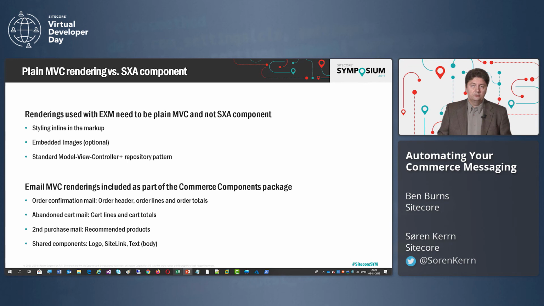So with Experience Commerce, we're providing a number of renderings out of the box. For order confirmation mail, we have order header, order lines, and order totals. For abandoned cart, we have cart lines and cart totals. And for product recommendation, we got the rendering you saw before. We have a couple of shared components for showing the logo, putting in a link to the site, and showing the mail body.